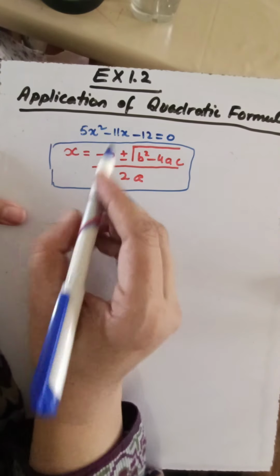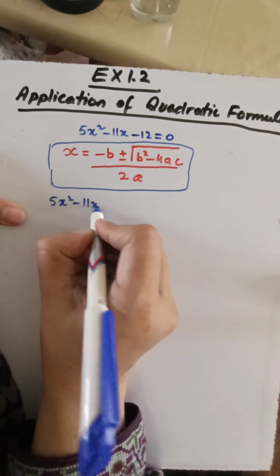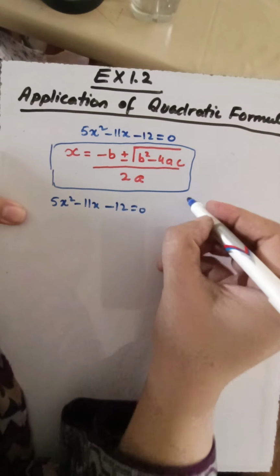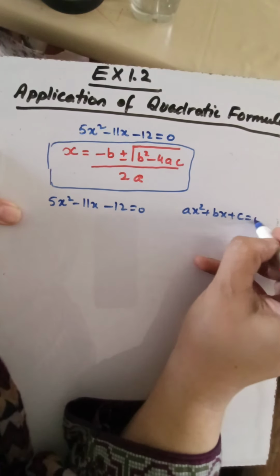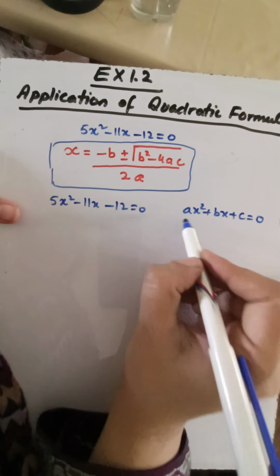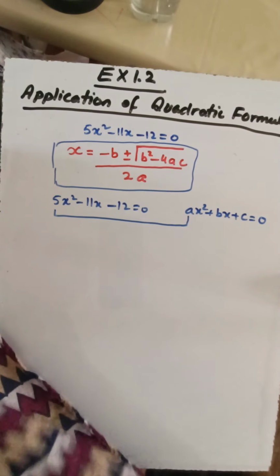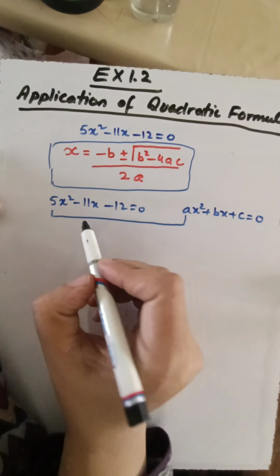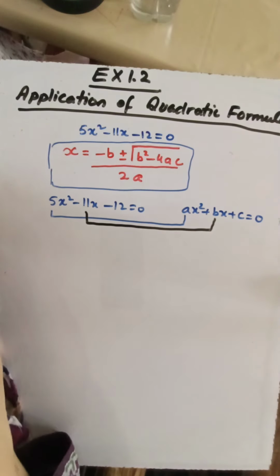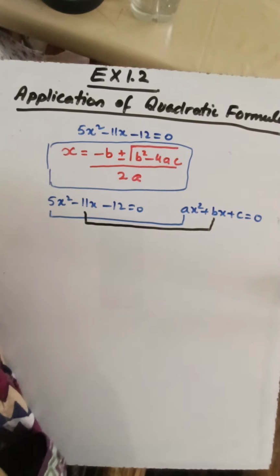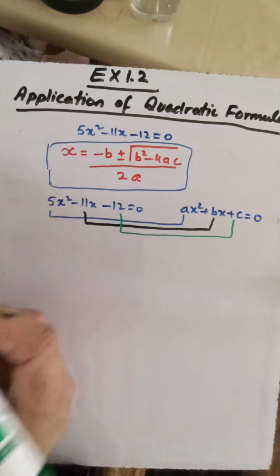Now comparing this equation, our equation is 5x square minus 11x minus 12 is equal to 0, and the general equation was ax square plus bx plus c is equal to 0. Comparing these two, a will be 5, b will be negative 11, and c will be negative 12.